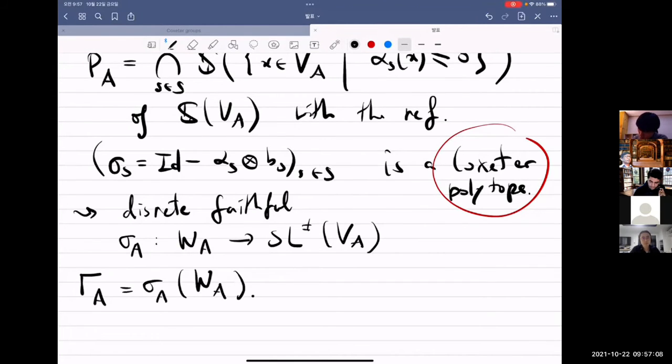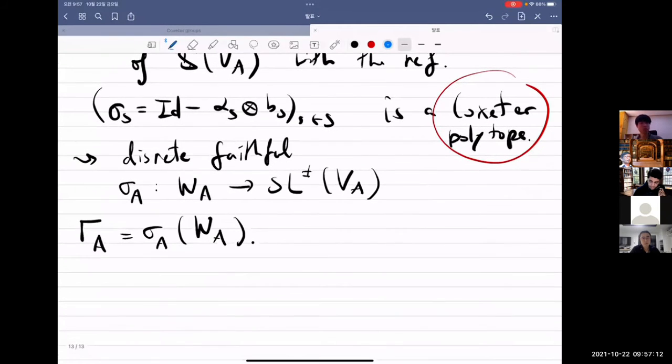Okay. So in this sense, actually, we can produce the representation, which is an irreducible representation. And then to get the representation into the isometry group of hyperbolic space, we need to assume more.